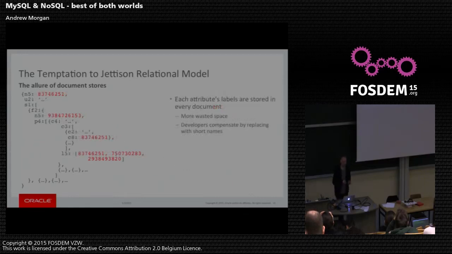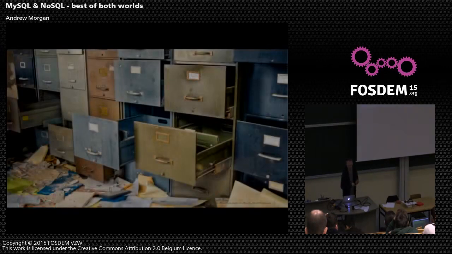So what people end up doing is, instead of having meaningful attribute names, they'll go for very short ones. And then suddenly you're looking at this and thinking, do I really have that simple data model, simple access pattern that I was after? And so that's why that project then went and ripped all of the document store out and put the relational database back in.